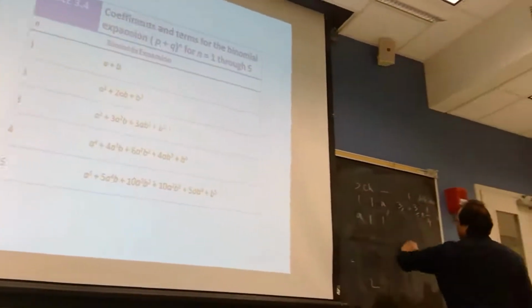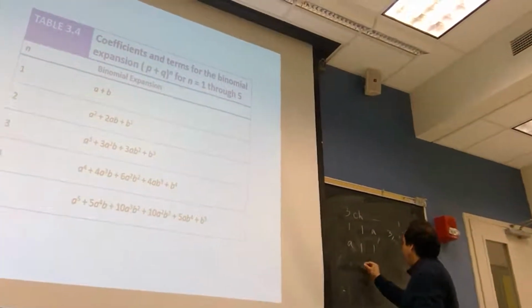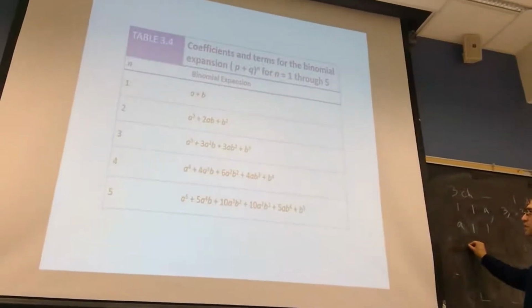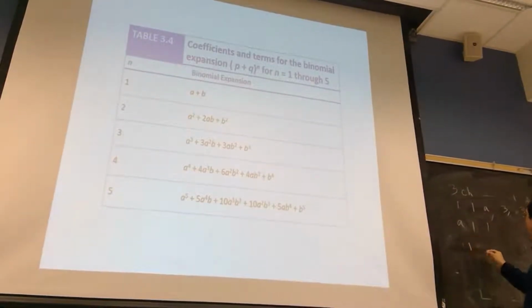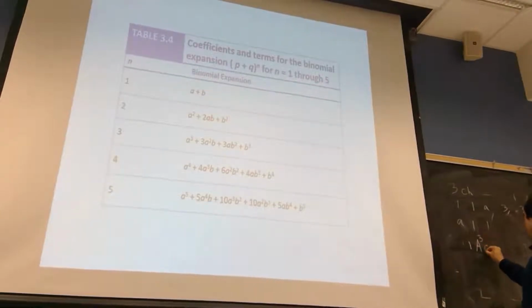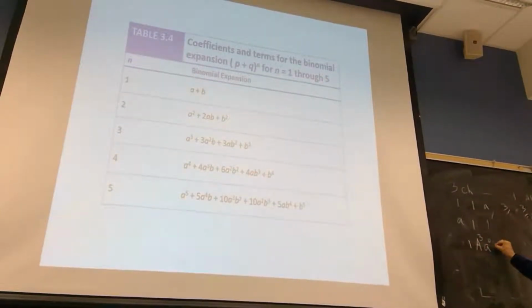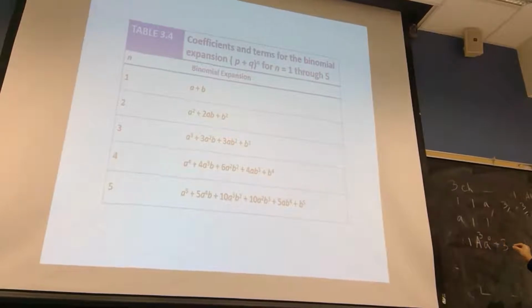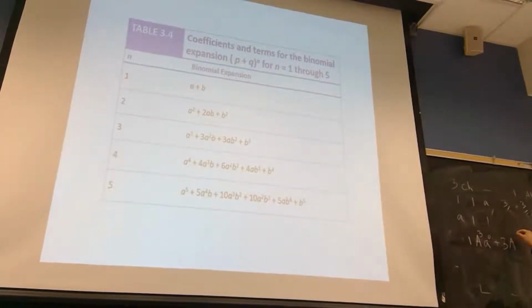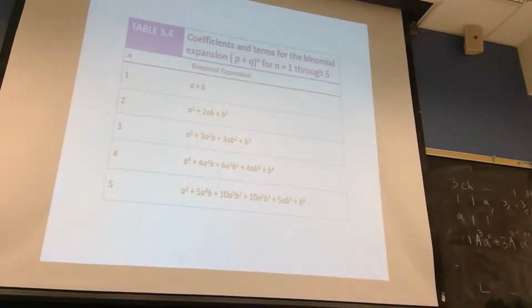If I do this cube, so the first one is 1 into, then this is 3, like this.